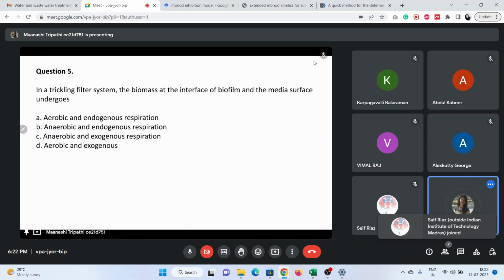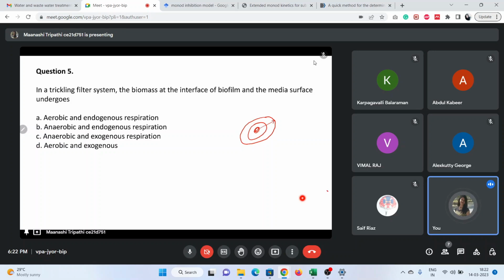In a trickling filter system, the biomass at the interface of the biofilm and the media surface undergoes. So, as you know, in the trickling filter, just imagine this is a media particle. So there will be a layer of biomass around it. Okay, so this is the layer of biomass.